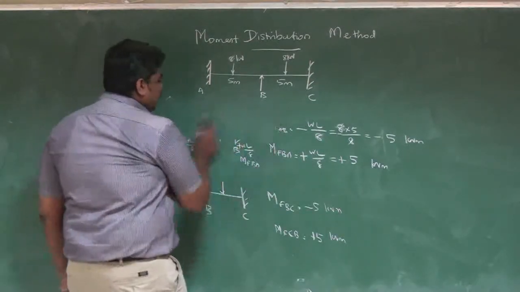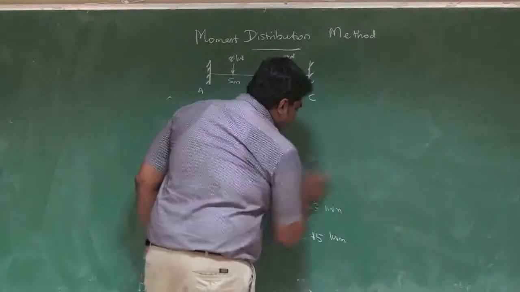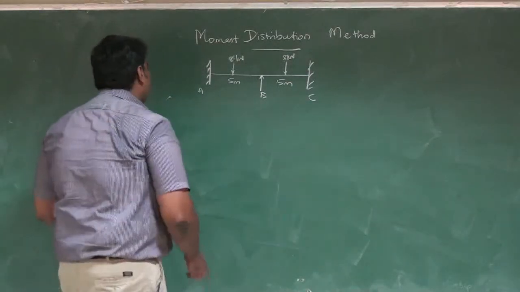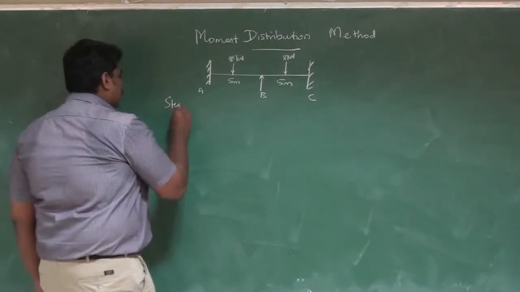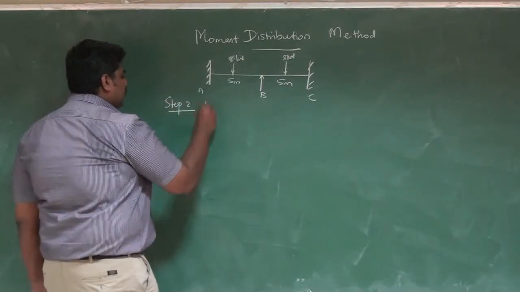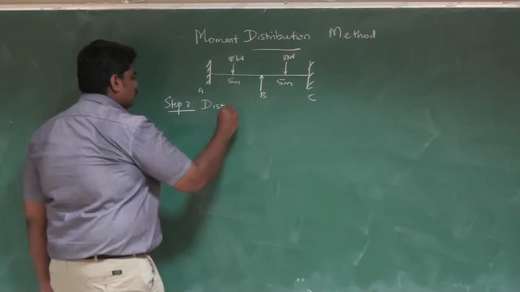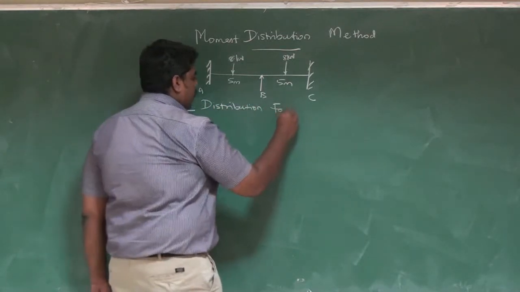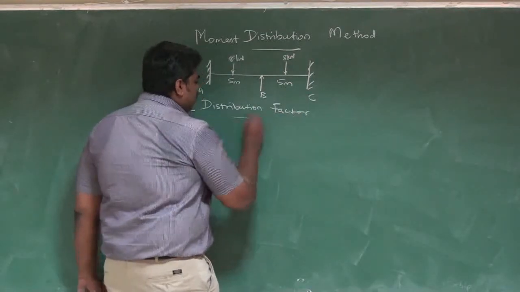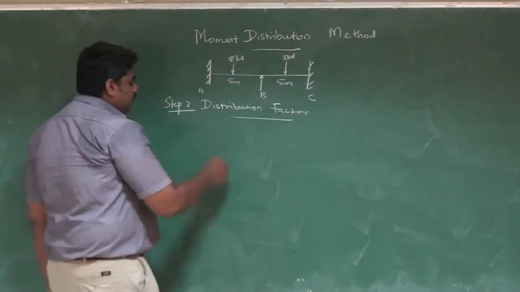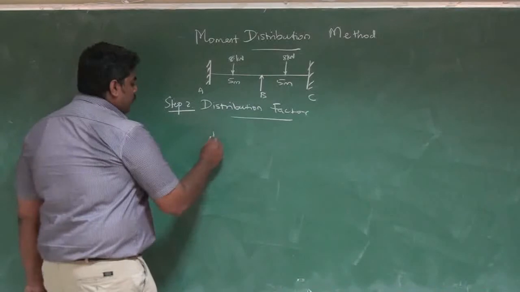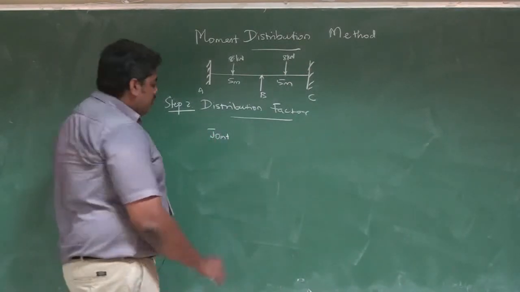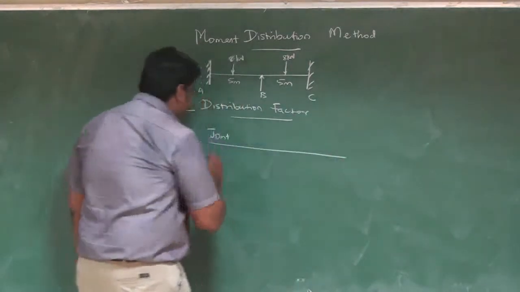So now coming to step 2. Step 2 is distribution factor. As I told you, it has to be calculated in the form of a table. Wherever we have the distribution, we have to select that particular joint, right?